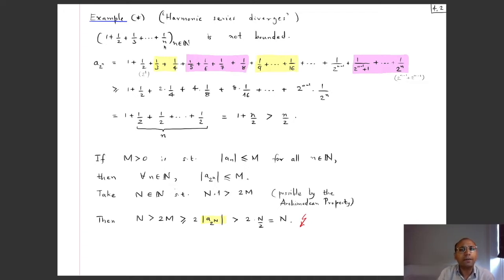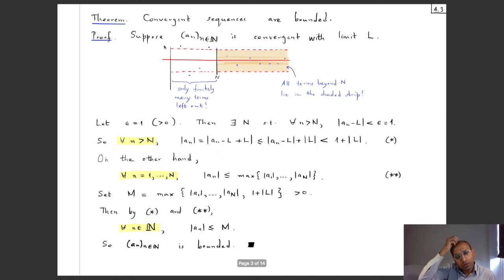Alright, so now what I want to do is to show that every convergent sequence is in fact bounded. Okay, so the class of convergent sequences is contained in the class of all bounded sequences, and this is sort of intuitively obvious because what's a convergent sequence?